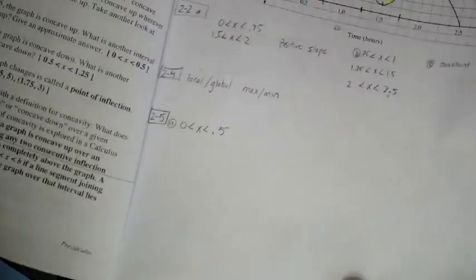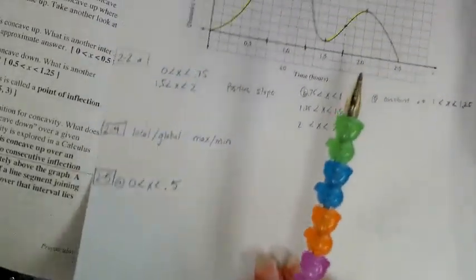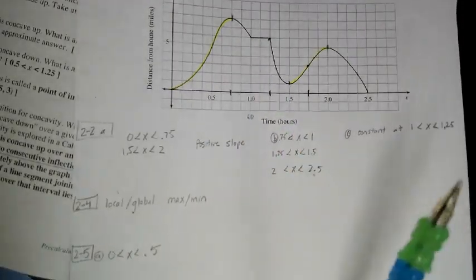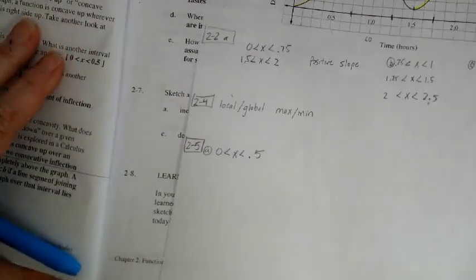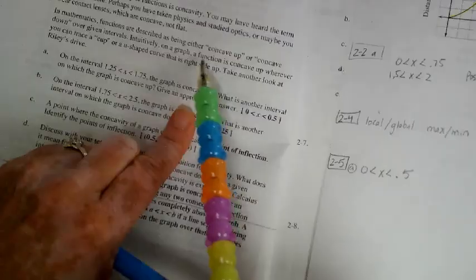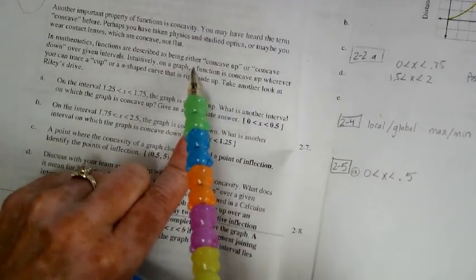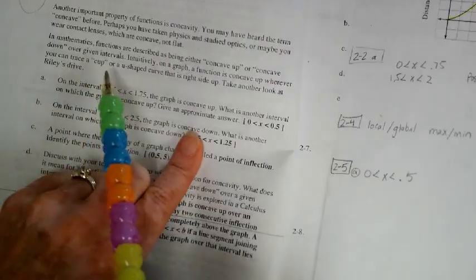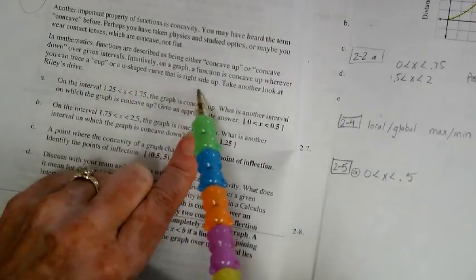Let's see, concavity. So we're going to talk about whether you've probably heard that word before, like concave up or concave down. So in our book, an easy way to think of it is right here in our book. It says a function is concave up whenever you can trace a cup or a U-shaped curve that's right side up.